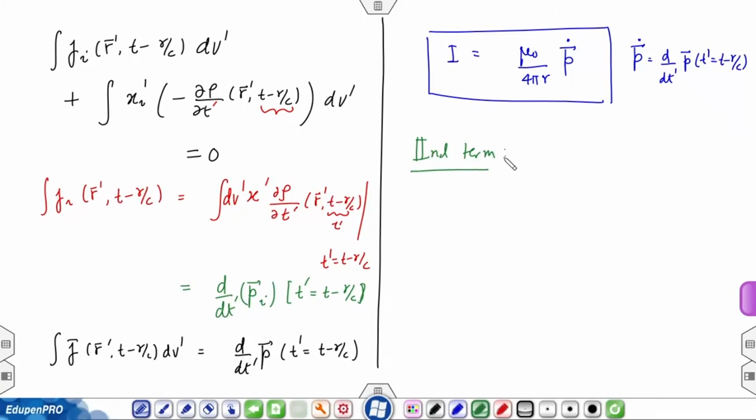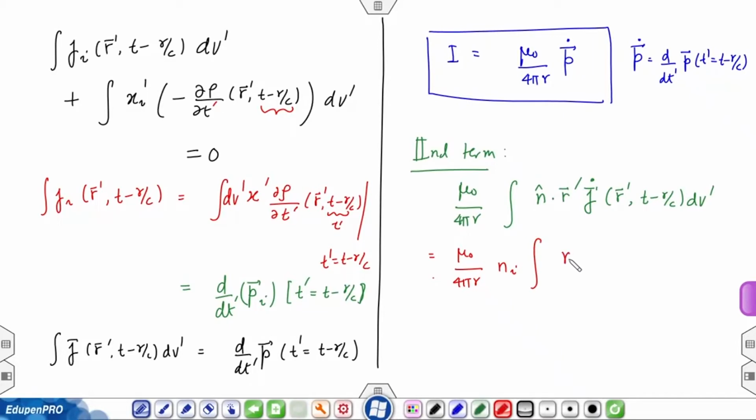This term is mu 0 over 4 pi r integral of n dot r prime, j dot, this time derivative at r prime evaluated at t minus r over c dv prime, which I can write using summation convention as mu 0 over 4 pi r n I, where n I is the ith component of n, integral x I prime j dot r prime t minus r over c dv prime.